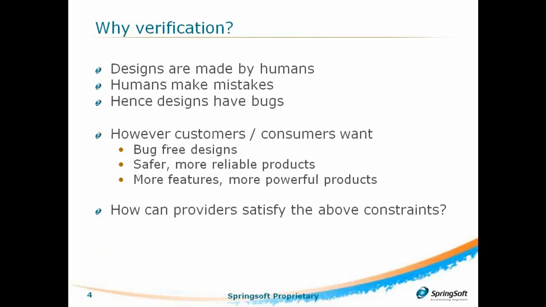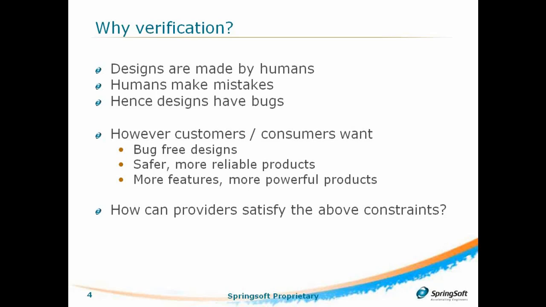So maybe the first question, which is probably quite obvious for verification engineers: why are you doing verification? Well, people are doing verification because the designs are created by humans, and humans make mistakes. There's no way around that. And the designs have bugs.